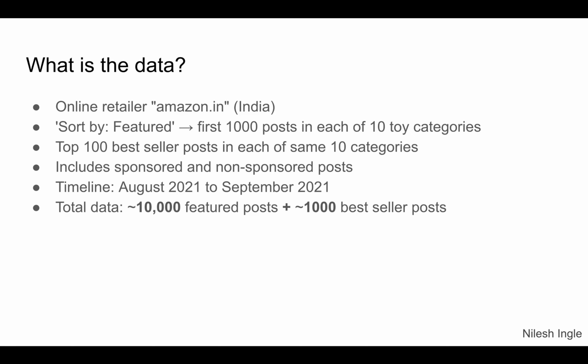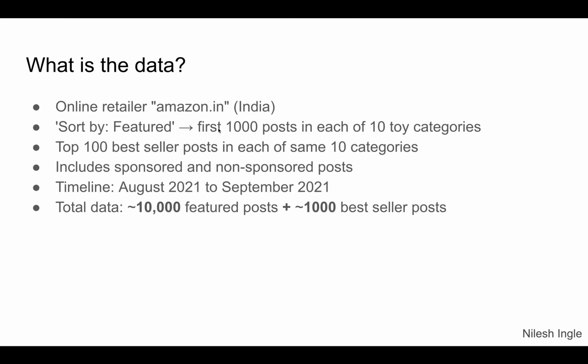As I've said earlier, the website is amazon.in. The results that I'm showing today may or may not extrapolate to the Amazon sites available across the globe, but it'll give you some intuition as to what the toy market looks like.